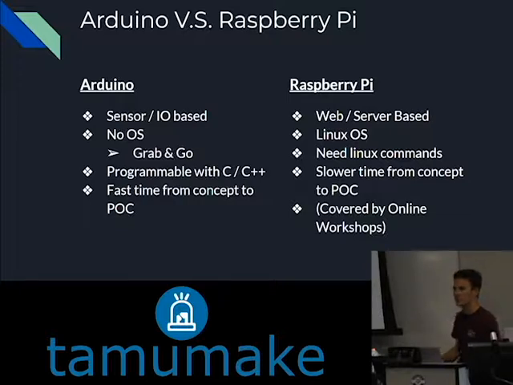Who here is familiar with any type of programming? Okay, yeah, so it's not really C++, but it's C++ based. So if you understand any type of C, C++, C#, Java, anything like that, you'll be fine. Syntax is pretty simple. And it's relatively fast in terms of having an idea to making a proof of concept.